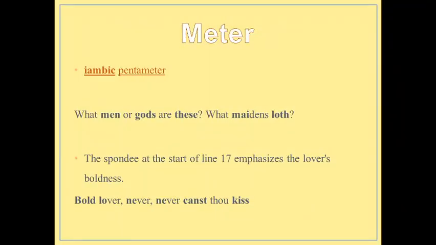To be sure, this sense of boldness is then undercut in the same line as the speaker forcefully repeats "never," followed by "canst." The meter in this moment reflects the contradiction between vitality and mortality in the poem. However bold the lover may seem, he is in fact still frozen in time on the urn and thus not really alive at all.